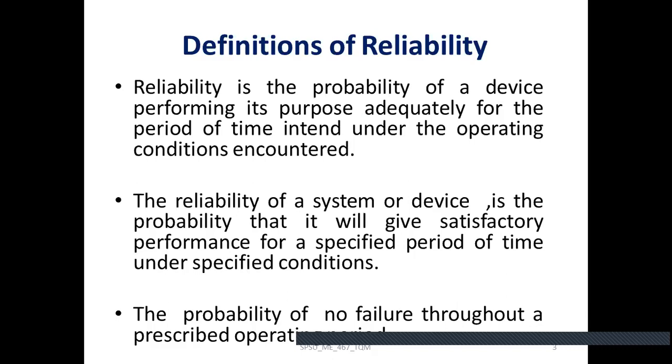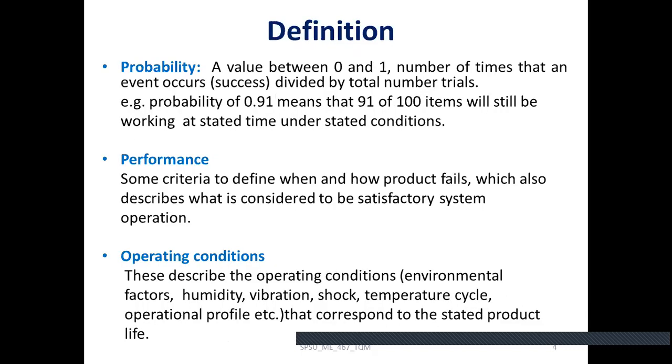The third definition is the probability of no failure throughout the prescribed operating period. The other definition is the ability of the product to perform as expected over a certain period of time.